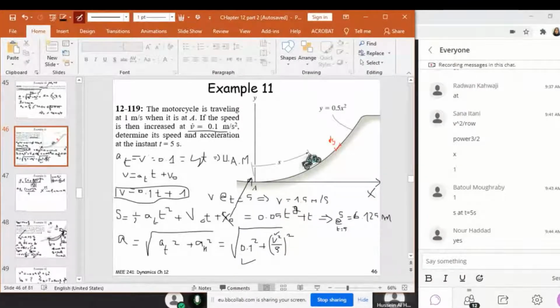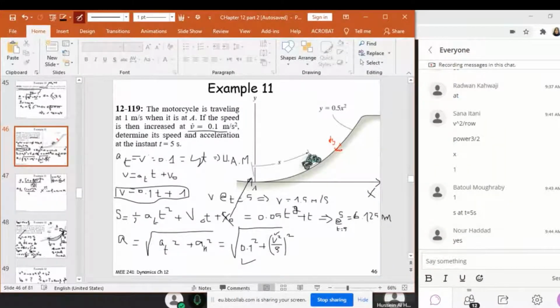If I take a very small ds, I can assume that this curve is a straight line. I cannot say that this whole s, or a very huge part of s, is a straight line. It's not. It's a curve. But if I take a differential ds, I can assume that this is a straight line.